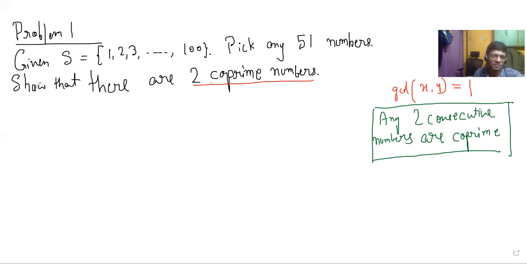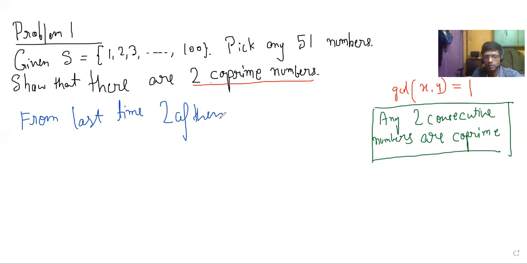Right, from last time, 2 of them will be consecutive. So this is like a special case of that, because consecutive obviously implies co-prime. 2 of them are consecutive, and hence co-prime.